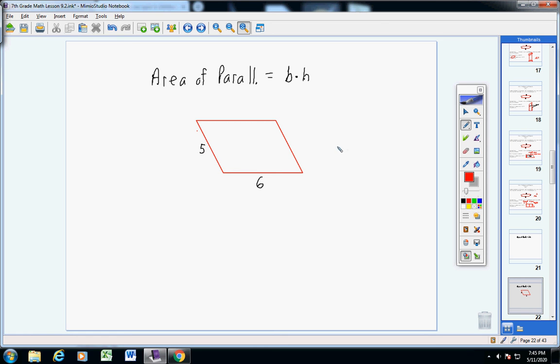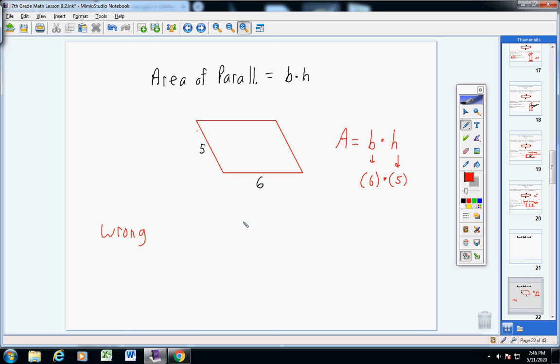So we have area of a parallelogram is what? Base times the height. So my base is going to be what? X. And my height is going to be what? 5. Okay? Now, if you did that, guys, that's wrong. Remember, we just talked about that a couple minutes ago.